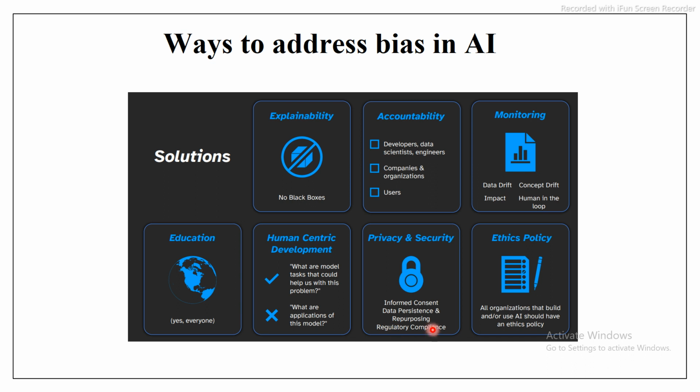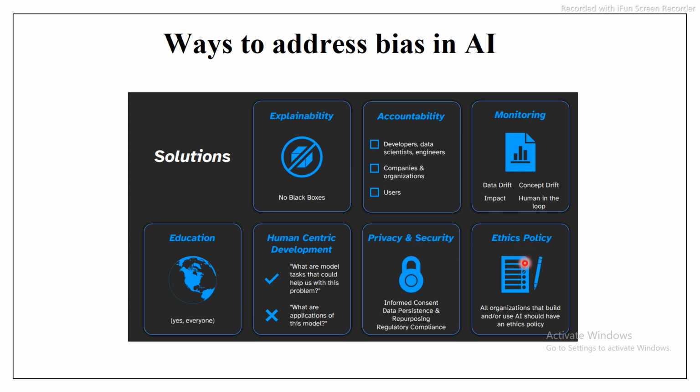Regulatory compliance means whether your data is fitting into the GDPR regulation or not, because whenever you are using AI or black box models, you have to follow the GDPR regulations of the European government. The GDPR regulation is very important to bring privacy and security, okay.